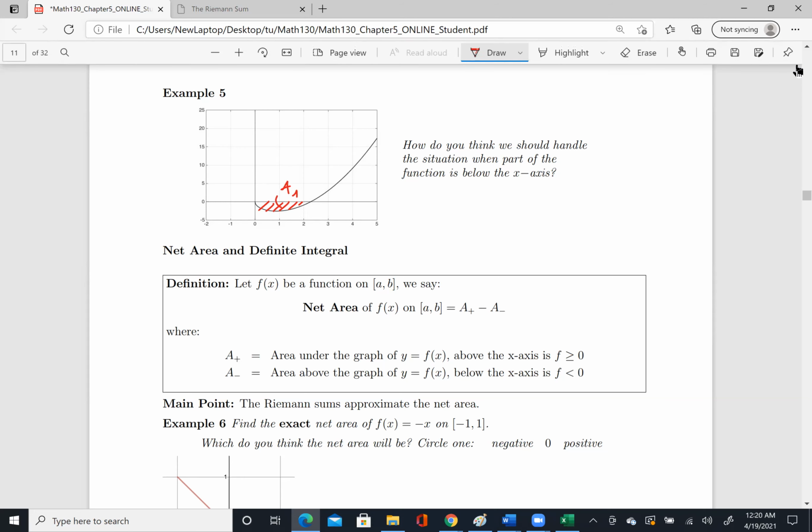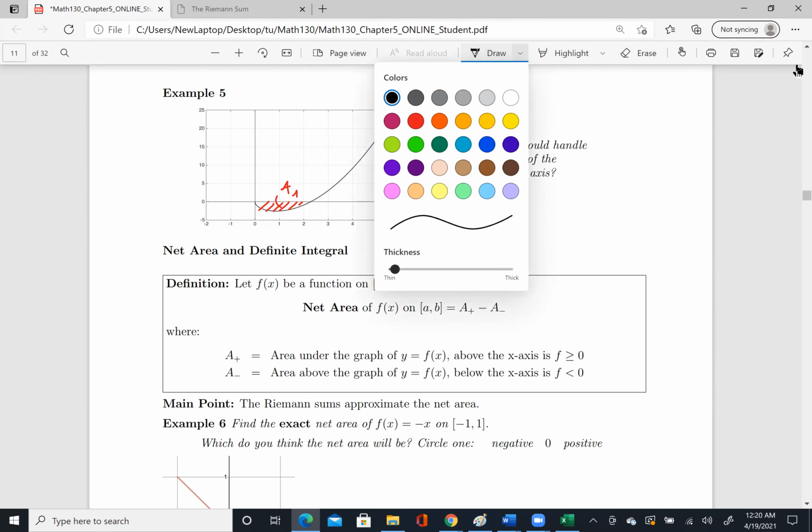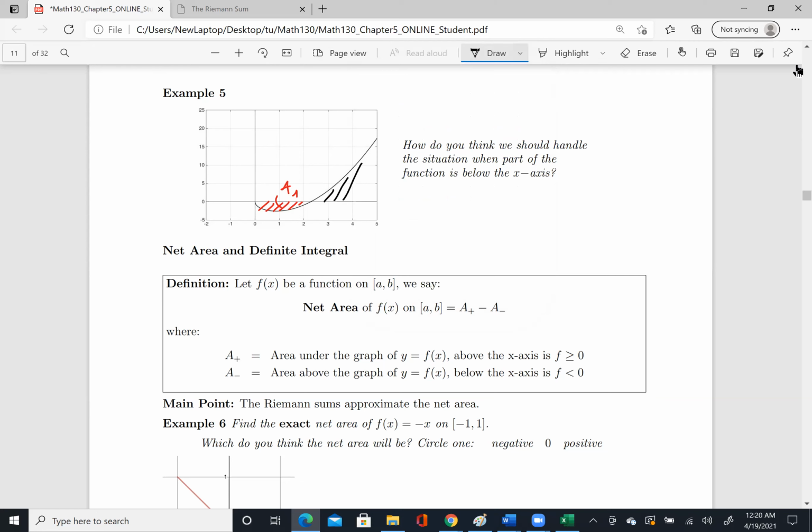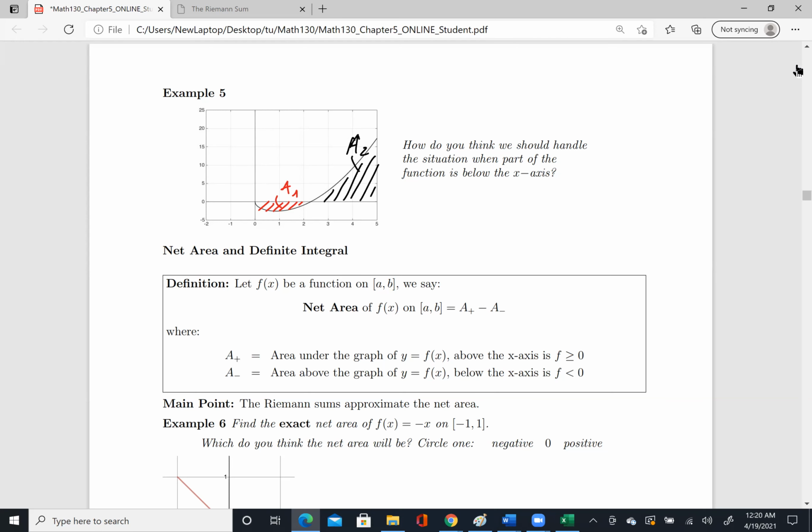And then another area, right down here, is A2. How can we find the area of this situation?